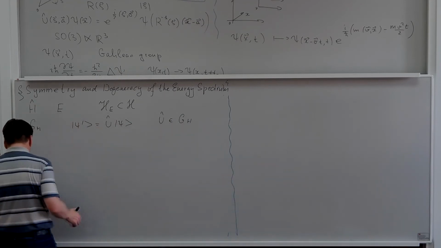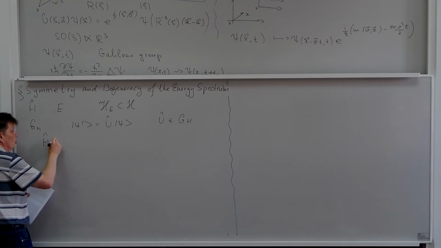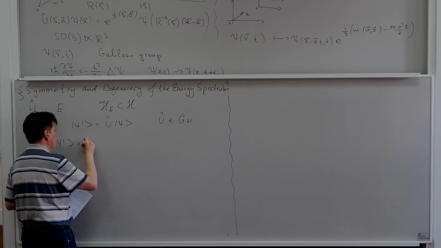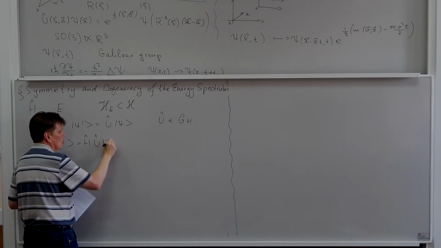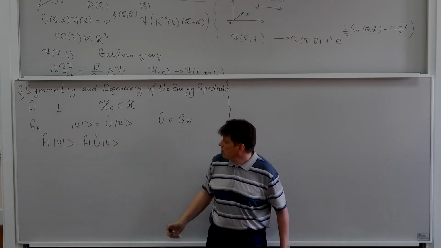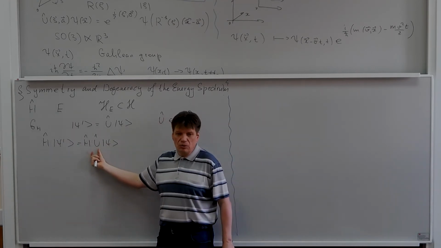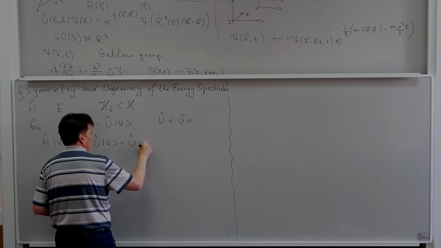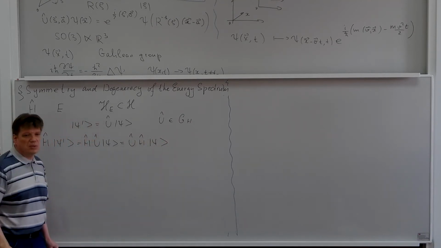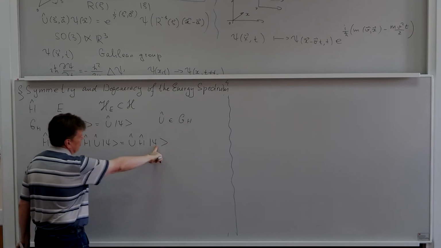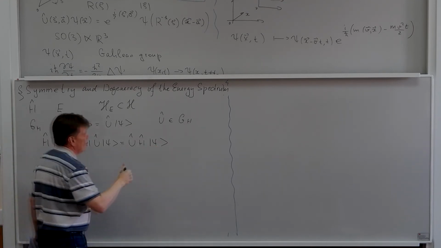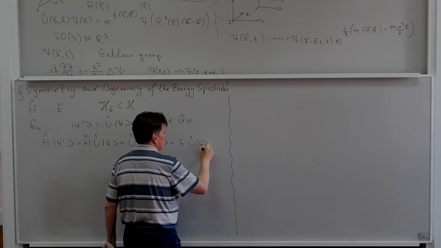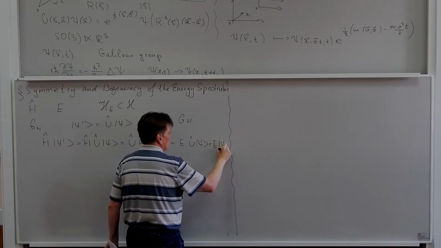And let us check. We just apply the Hamiltonian to the transformed state psi prime, and using the definition of psi prime, we can write this as H U psi. Now we can commute H and U because U is a symmetry of the Hamiltonian. These operators commute with each other, so we can write U H psi. But psi is an eigenvector of our Hamiltonian H, so I can write this as E U psi, that is E psi prime.